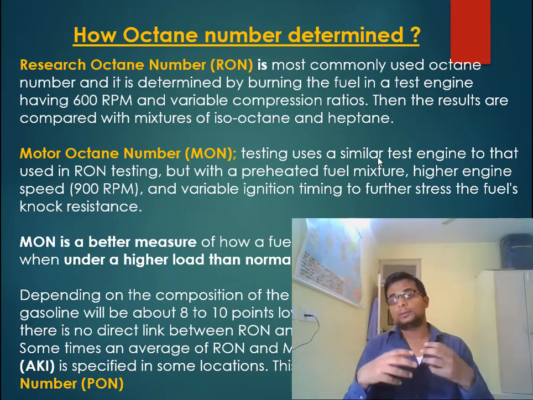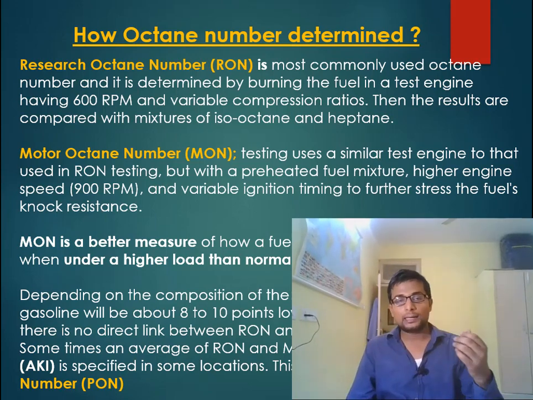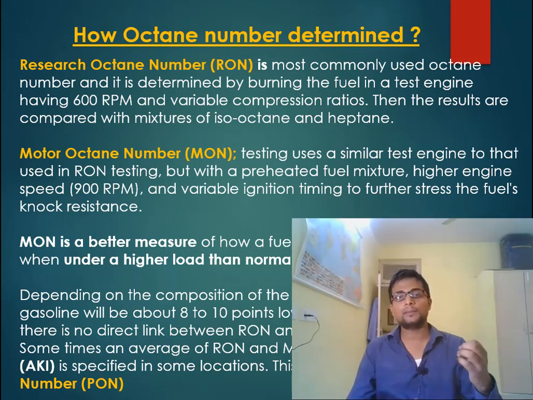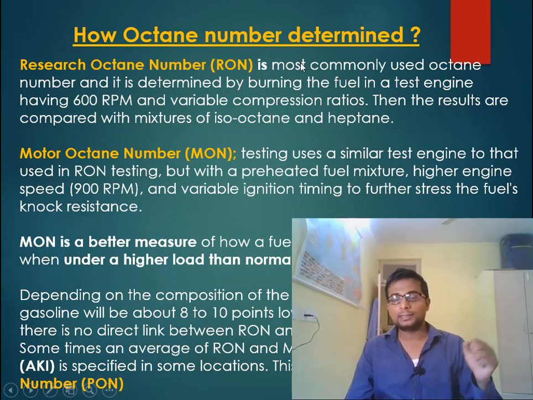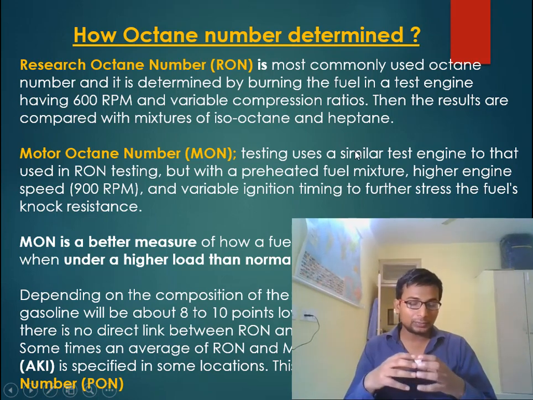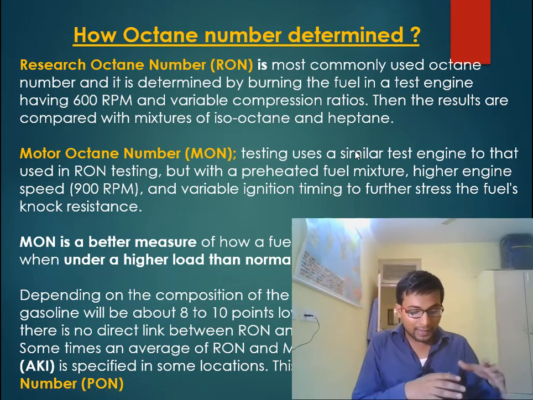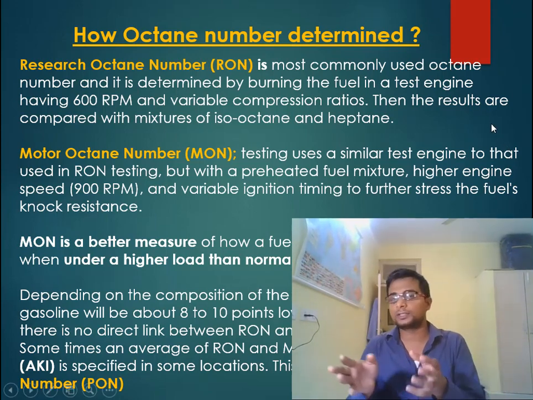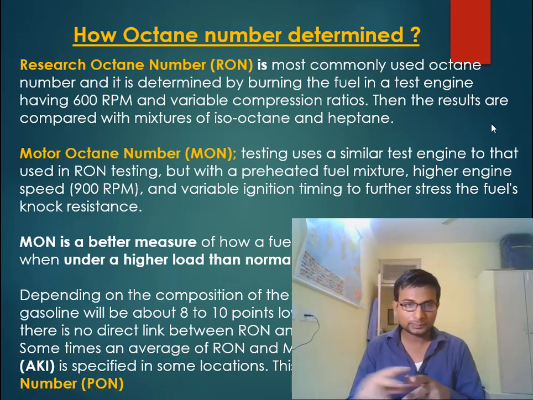Now octane number can be determined in different possible ways, and based on that, octane number has different types. For example, it may be called research octane number, which is the most commonly used octane number. It is determined by burning the fuel in a test engine running at 600 rpm with variable compression ratio, and then the result is compared with the mixture of isooctane and heptane.